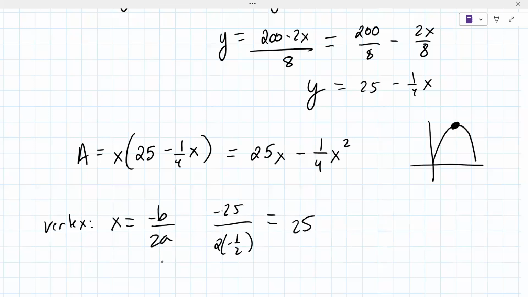So it becomes 25. And so that's the x value.